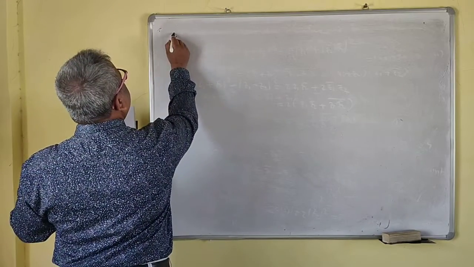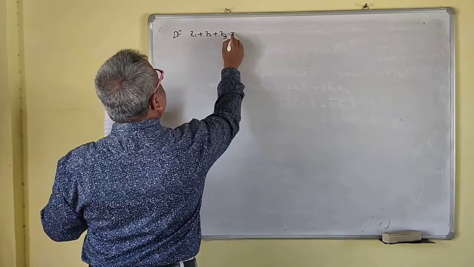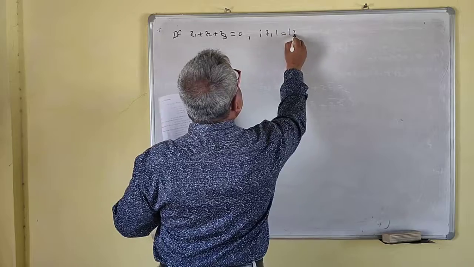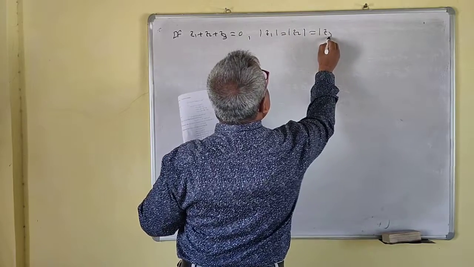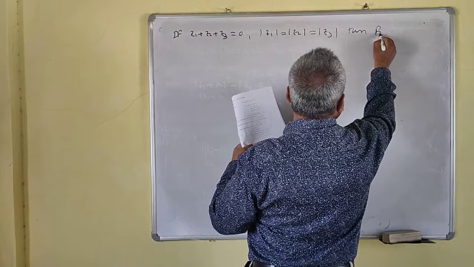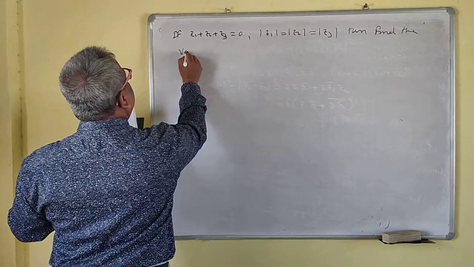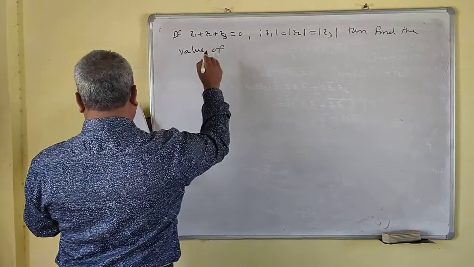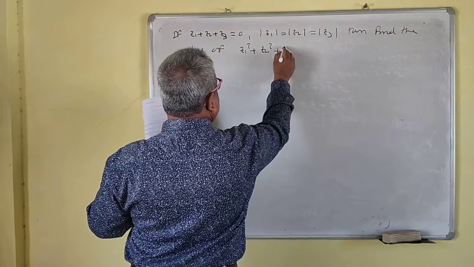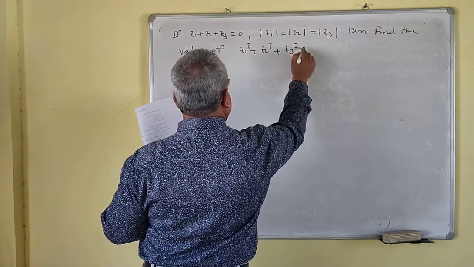Next problem: if Z1 plus Z2 plus Z3 is equal to 0, and mod of Z1 is the same as mod of Z2, is the same as mod of Z3, then find the value of Z1 square plus Z2 square plus Z3 square.